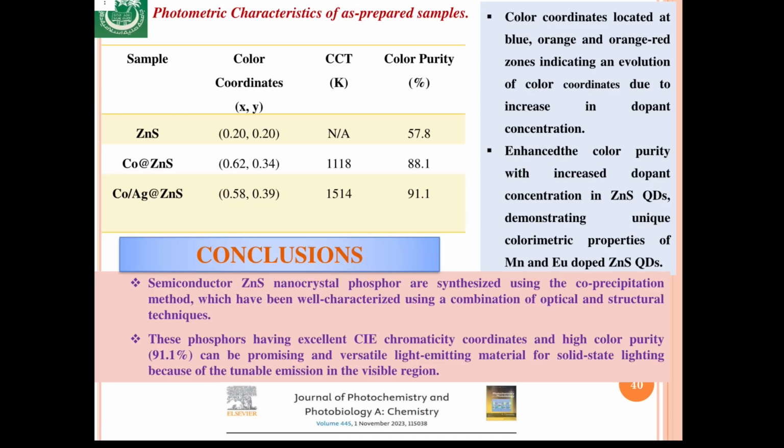So we found that these cobalt doped and cobalt silver co-doped zinc sulfide quantum dots have a CCT value of less than 2000, which is suitable for warm lighting applications, and the purity of the emitted light was also quite high, of the order of roughly 90%.